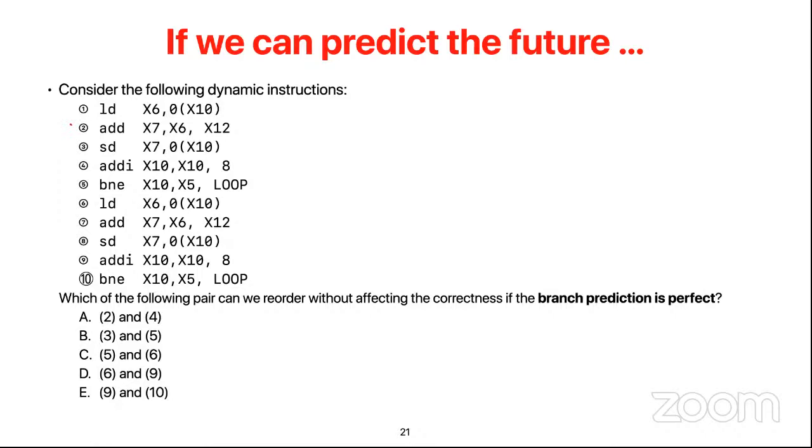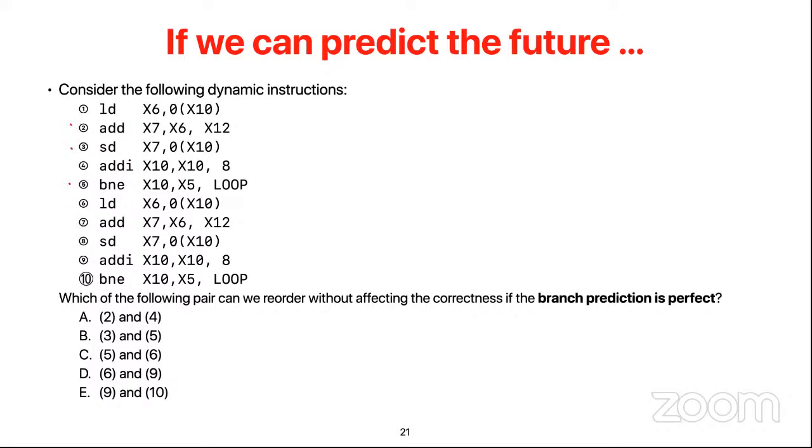So the store cannot get the right value. And when you swap 3 and 5, you move the branch instruction in front of the add, and you need the add immediate for the branch instruction. So that doesn't work either.